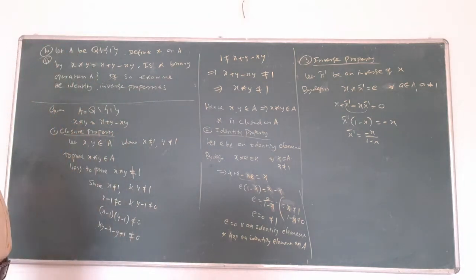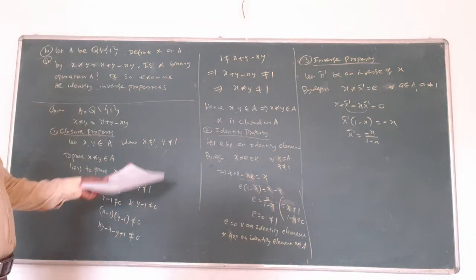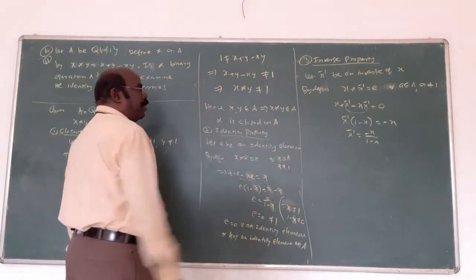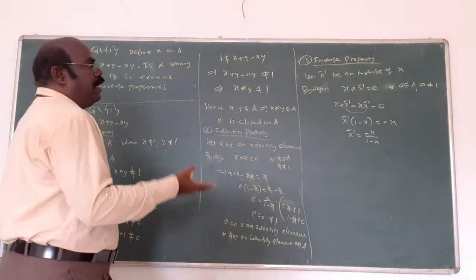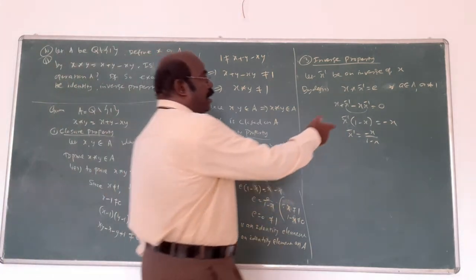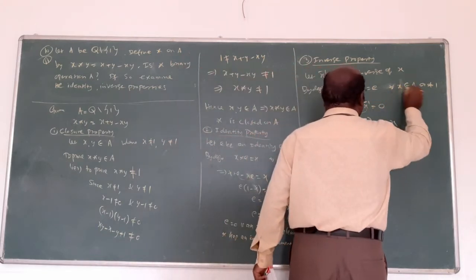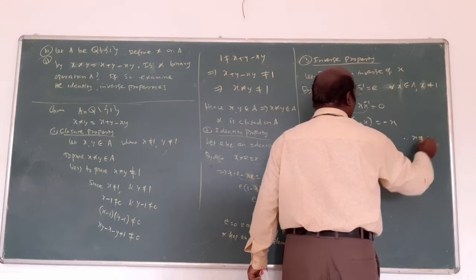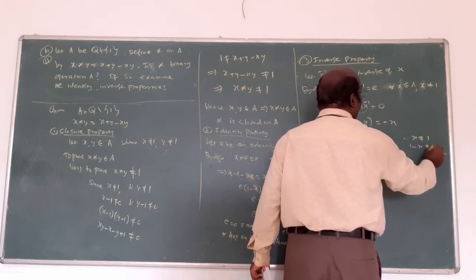Am I right? X and y are involved, that's why I am using x and y. For the identity property, only x. Common, right element. Next one is what? x inverse, inverse of x. Now, here x belongs to A, x not equal to 1. Since x not equal to 1, 1 minus x is not equal to 0.